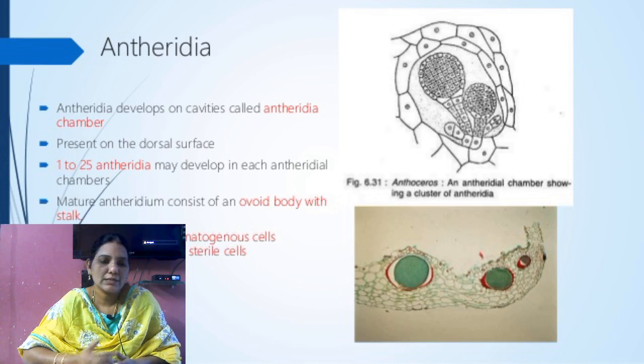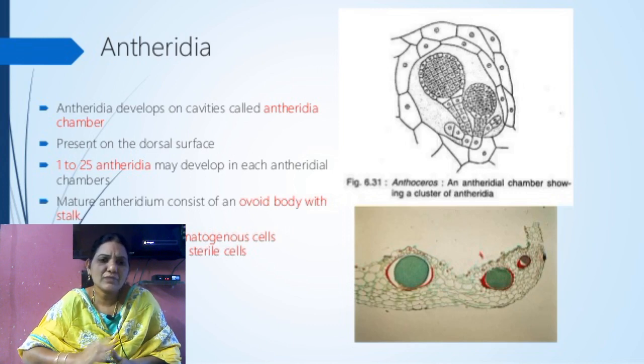The basal cell divides a few times and produces one small stalk, and the stalk is attached to the antheridial chamber. The antheridial mother cell divides many times and produces one round structure, and the outer side produces a jacket cell layer, and that layer protects the inner part of the antheridium.